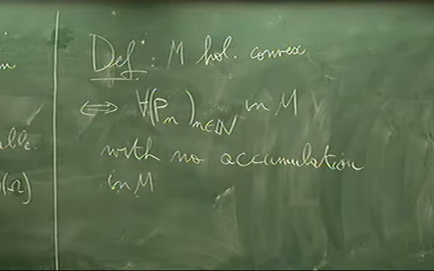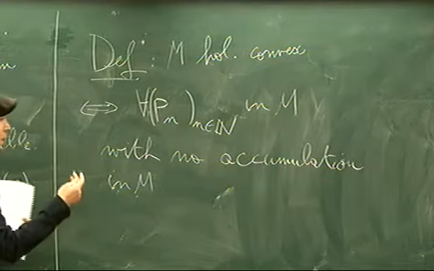That means that topologically the sequence is tending to infinity. If you fix a compact, then after some rank, all the terms are outside of this compact. This is true for every compact.